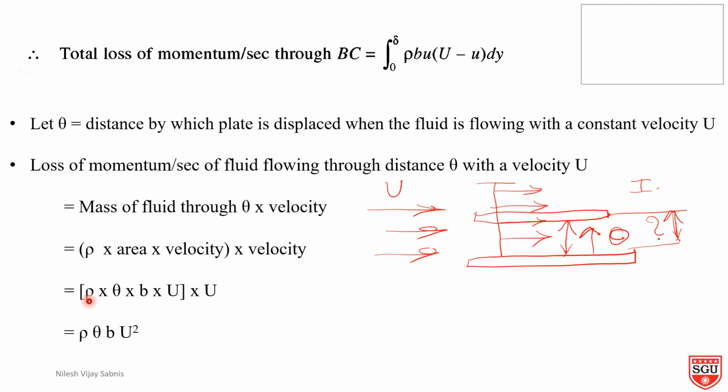Here rho is the density, constant; theta is the height; width is b; and velocity is everywhere capital U. This whole bracket is multiplied by U, as we have only one velocity present. So it will come as rho theta b U square. This will be the momentum which is lost when the plate is shifted. If the plate is not shifted, then this will not be there.